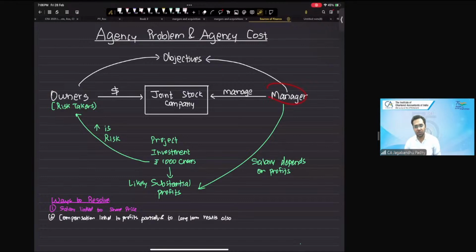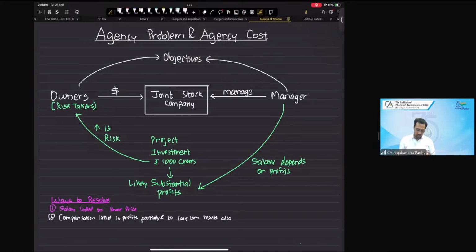Managers are not going to undertake the risk. They're just going to earn a salary. They're not going to face any amount of risk. Am I right, guys? They're just looking for salaries.